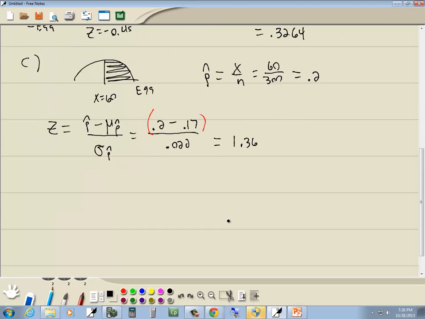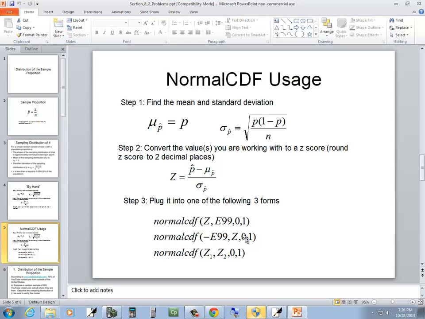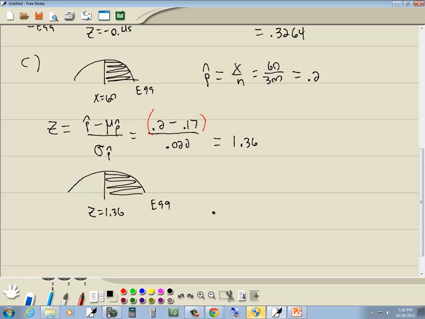Okay, so our picture has now become, instead of x equals, z equals 1.36, and we're shading to the right. And clear over here is E99, so we want the form that's going to positive E99, which is our first one.